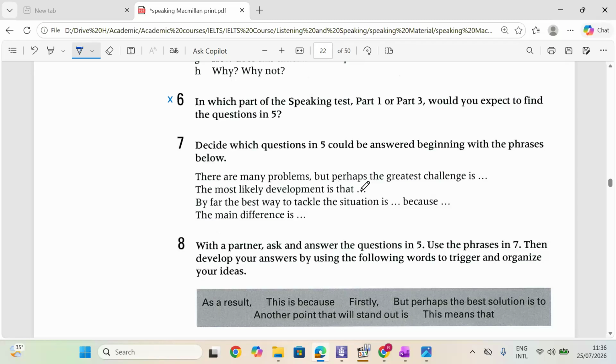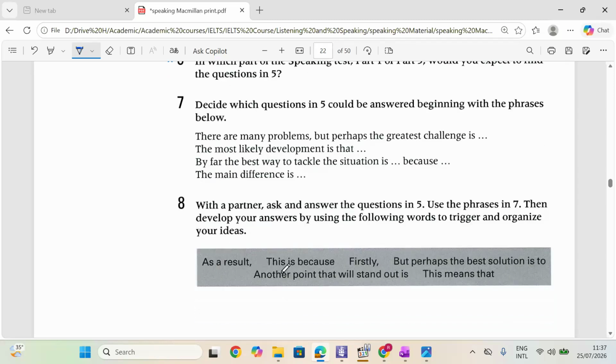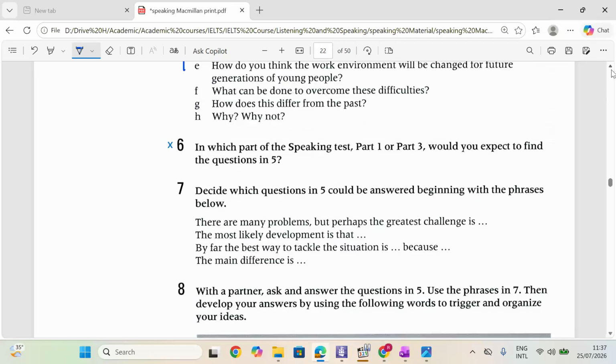There are many problems, but perhaps the greatest challenge is; the most likely development is that; by far the best way to tackle the situation is; the main difference is; you can also use these expressions: as a result, this is because, firstly, but perhaps the best solution is, another point that will stand out is, this means that. Is it clear for you right now?